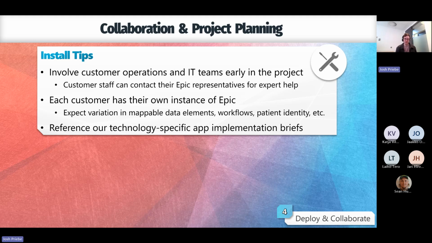The customer staff can get involved with the right Epic representatives, including myself if you're working with Apotti, in order to figure out which teams we need to make you successful, not just from the in-or-out team, but I mentioned the scheduling cases earlier. You probably need to talk to our scheduling team to figure out how that interacts with other APIs.